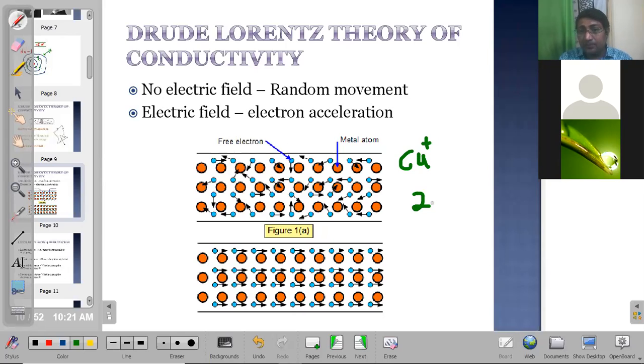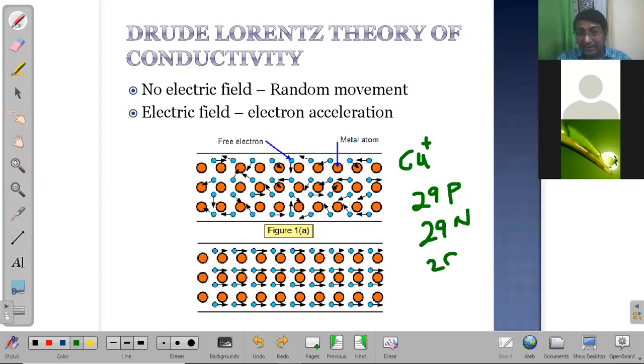It has 29 protons, and let's say we have only 29 neutrons also, and 29 electrons. I'm talking about a particular isotope of copper, which has 29 protons, 29 neutrons. And since it's a copper plus ion, it already donated an electron, so it has to be 28 electrons.